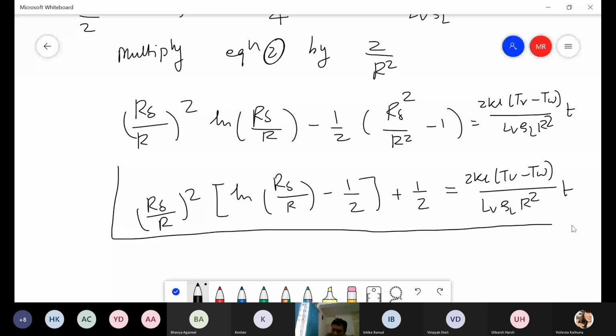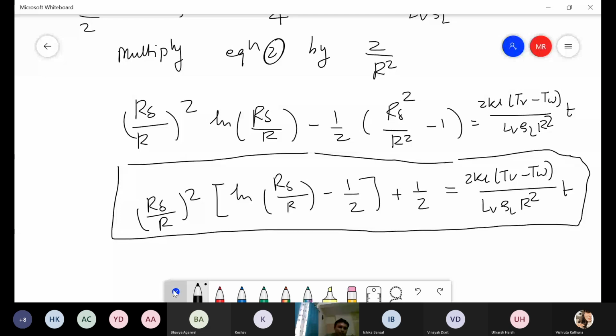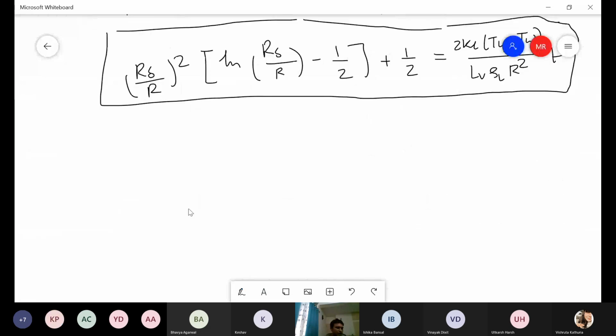This is the second part of the proof. Now in the first part we have to calculate the heat transfer coefficient, isn't it?